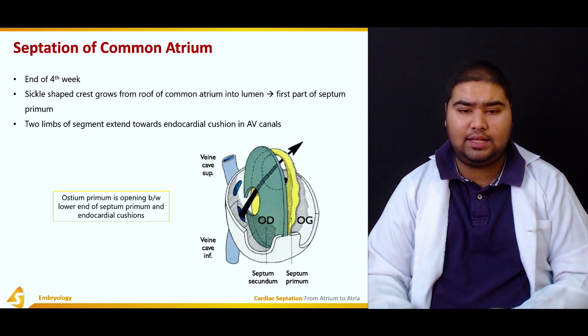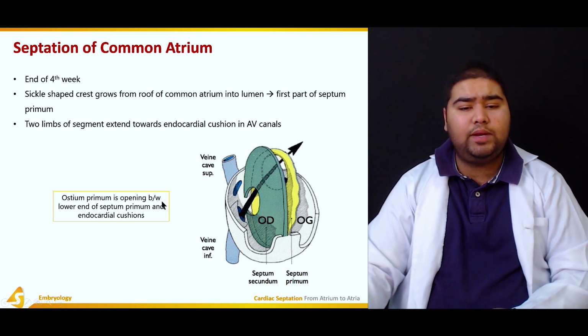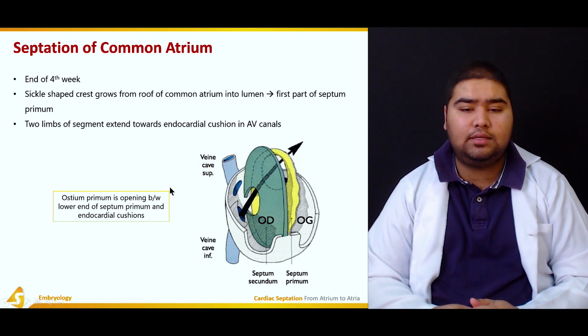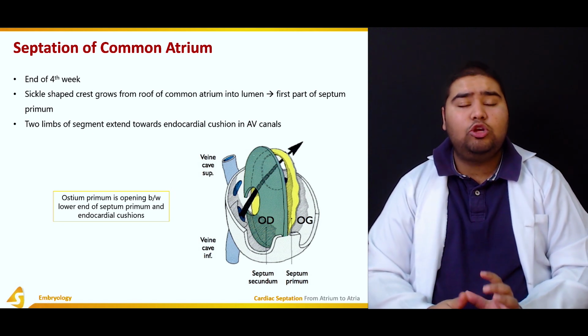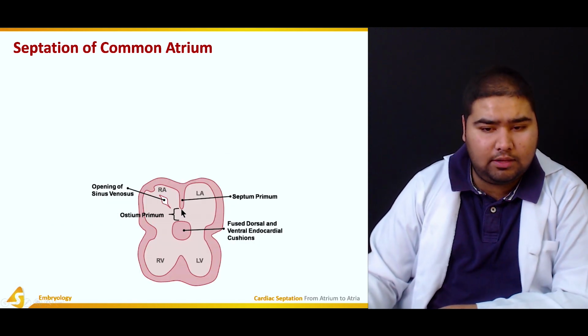So now the two limbs of this sickle-shaped septum primum move towards the endocardial cushions which lie in the AV canals. What is ostium primum? It is an opening between the lower end of the septum primum and the endocardial cushions of the AV canals. This is the ostium primum.